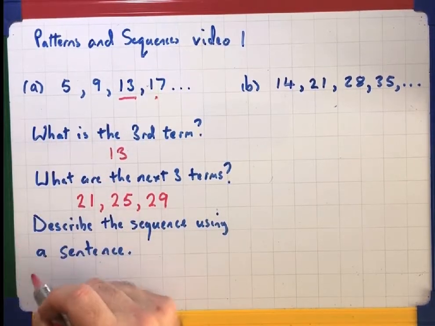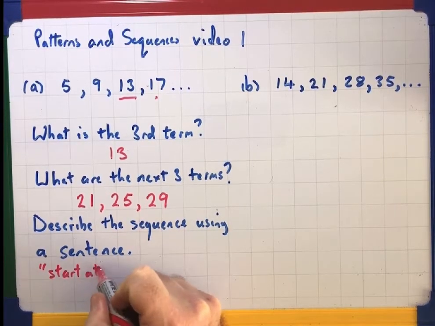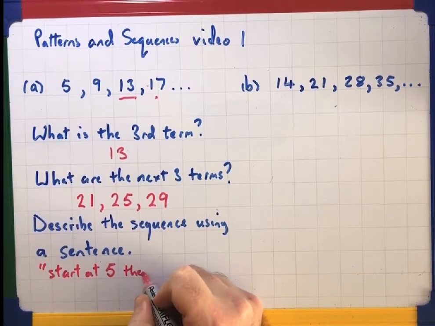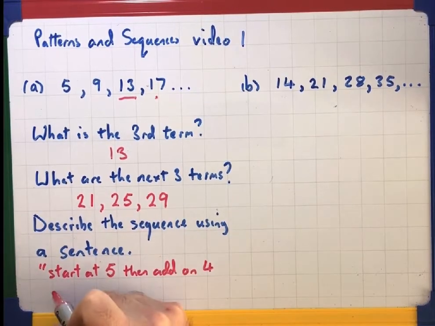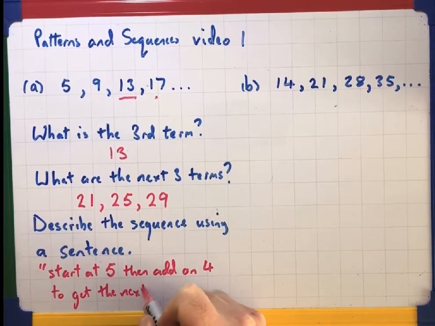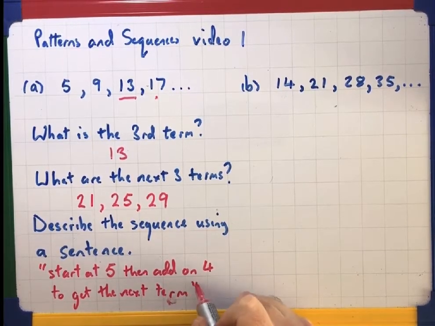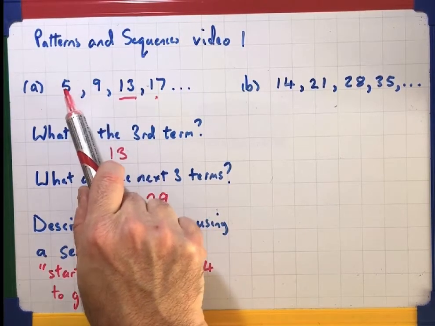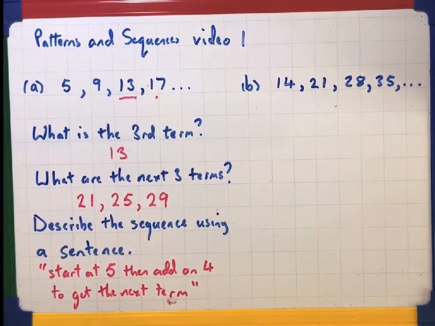So I would say with this one, we start at 5, because it starts with a 5, and then add on 4 to get the next term. So it starts with a 5, then the next term's 9, the next term's 13, next term's 17, and so on.